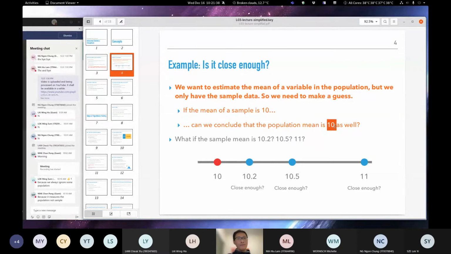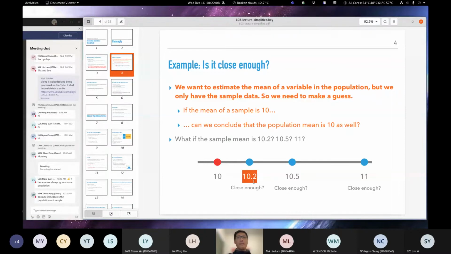If what we want to confirm is that the population mean is equal to 10, but the sample mean is really quite far away from that number, then we might not be that confident that the population mean will really be equal to 10. But if the sample mean is actually quite close to the number that we want to confirm, then we might think that, well, this might be a random error.